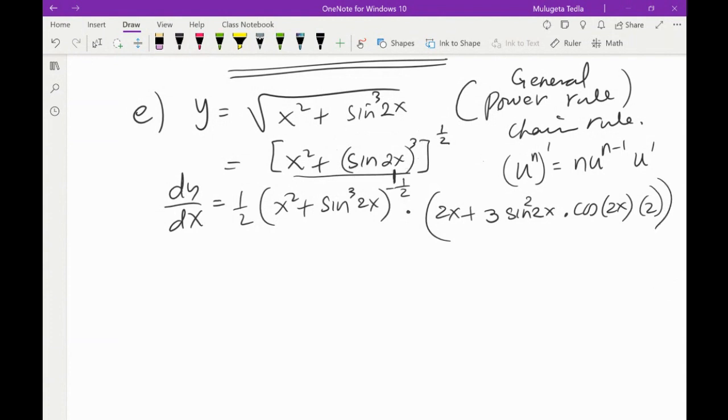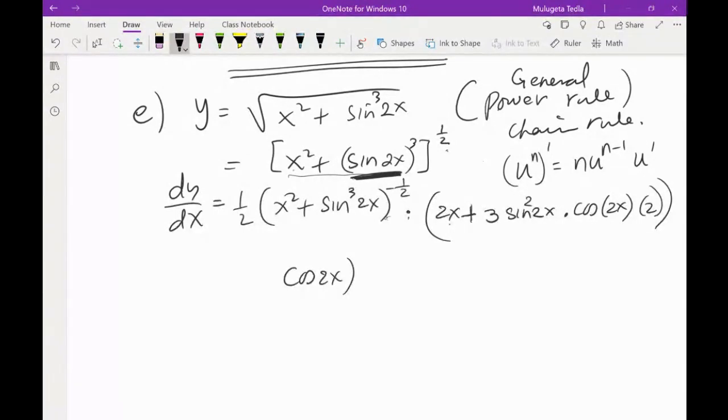It's very, very continuous work. I'll repeat the process. 1/2 up front, right? The whole base without touching it to the exponent, because you've got to fix the exponent first. Then find the derivative of the whole inside. The derivative of x squared is 2x. After the plus, the derivative will be the derivative of this, which is even complicated itself, right?